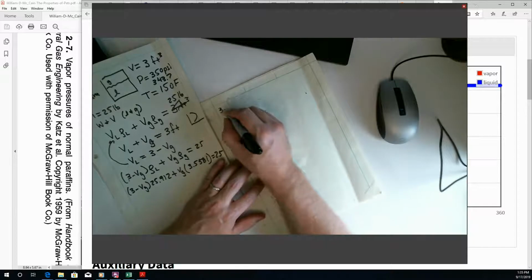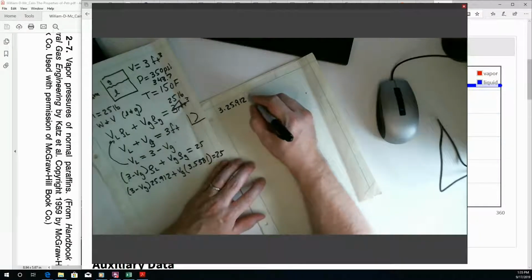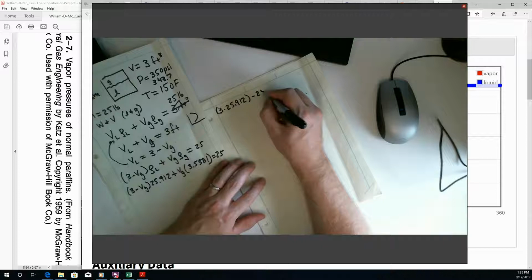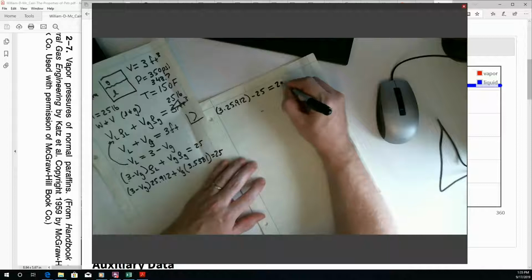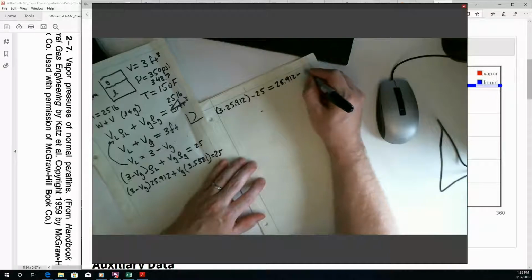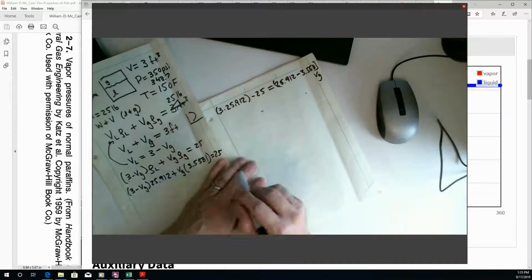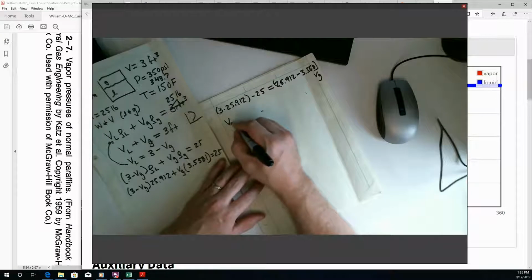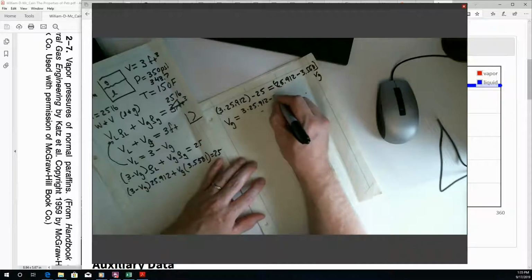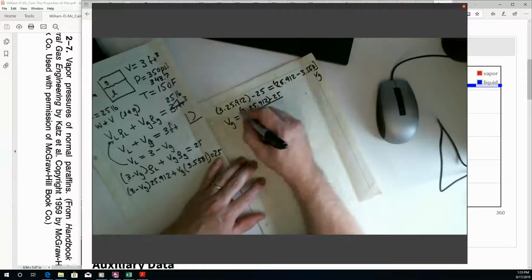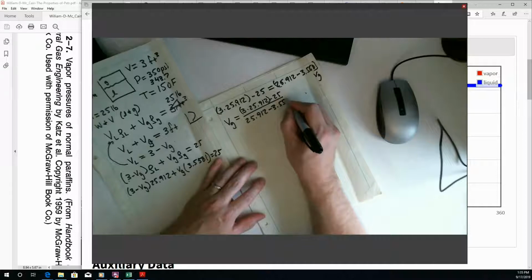So we basically want to get 3 times 25.912, minus 25, equal to 25.912 minus 3.558 times V sub G. So our V sub G is going to be this ratio of 3 times 25.912 minus 25, divided by 25.912 minus 3.5581.